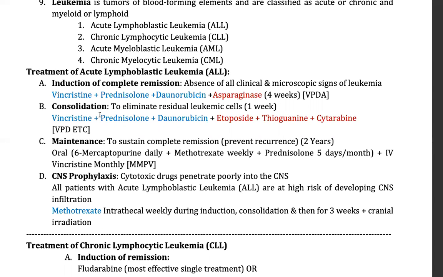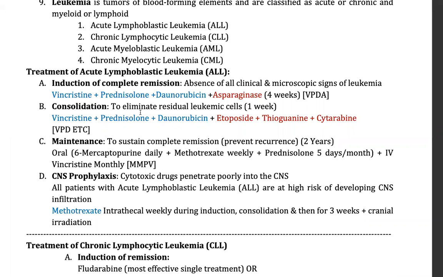Second principle of therapy: consolidation. Suppose I ask the question, give the consolidation therapy in case of ALL. What is consolidation?